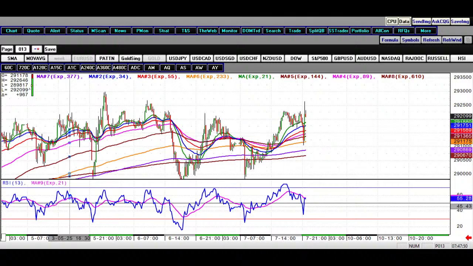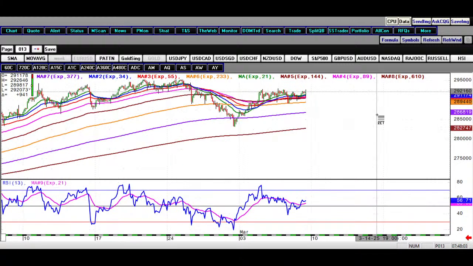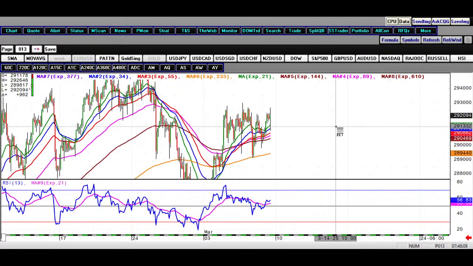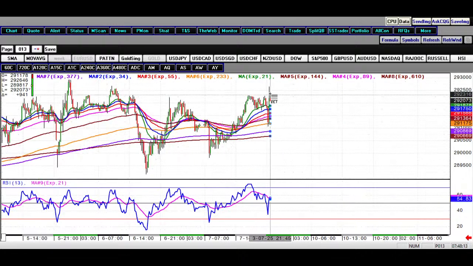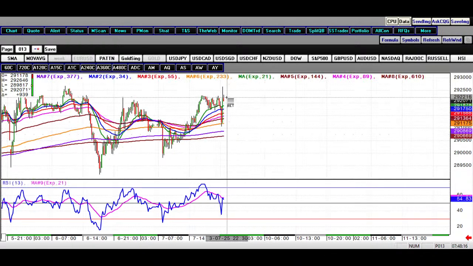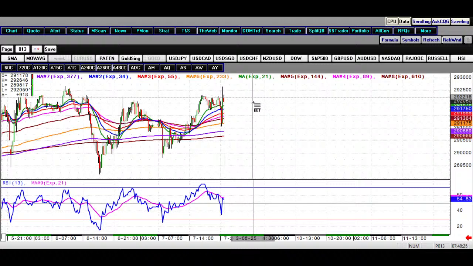Okay, so let's wait. If we can, give a try to do a sell near 2926.